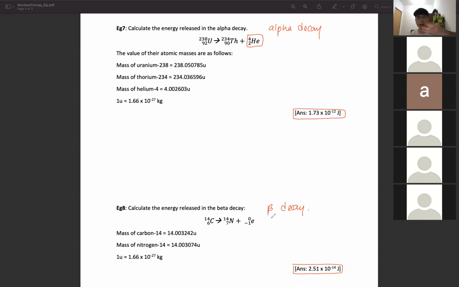So alpha decay, beta decay, and the previous two we did, they are fission and fusion. You need to be able to identify whether it's alpha decay or beta decay by looking at the equation, because they'll always ask what type of decay is this, what type of reaction is this, especially in objective.